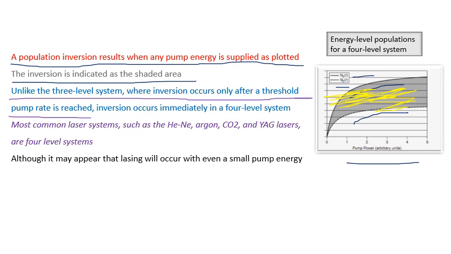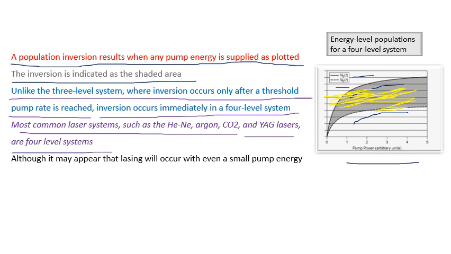But in case of a four-level system, the population inversion occurs more easily. Most common laser systems, the helium neon, argon, carbon dioxide, YAG lasers, these are four-level lasers. In many cases, it may appear that lasing may occur even with a small pump energy.